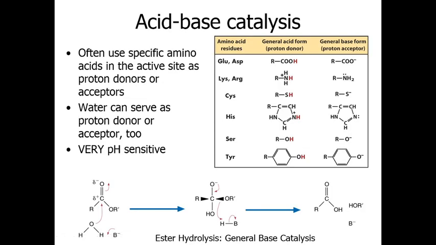Acid-base catalysis. In this kind of catalysis, specific amino acids in the active sites act as proton donors or acceptors. For example, you may know and remember that Glu and Asp are negatively charged amino acids.